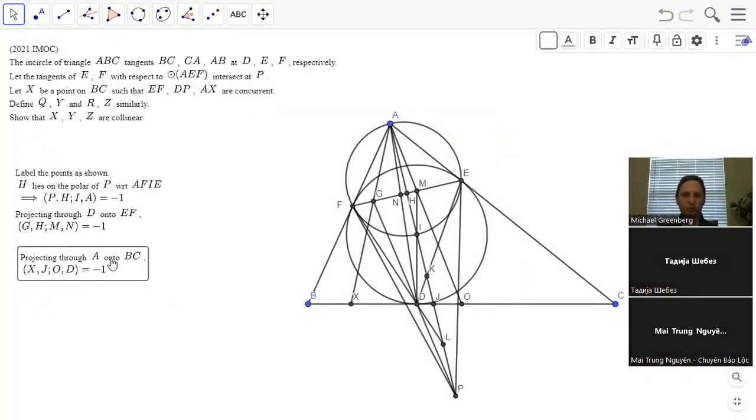Okay, so we want BX over XC. The idea is if we have XJOD, we could calculate that ratio in terms of it. Is that sort of what we were thinking? If we know this cross ratio, then we would know BX over XC. Seems true.